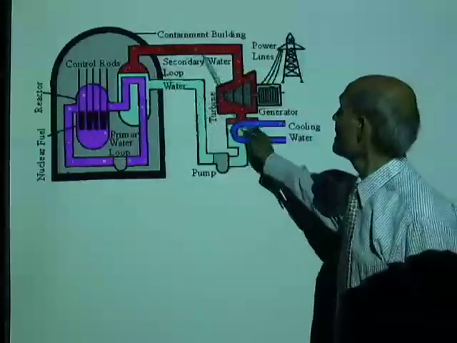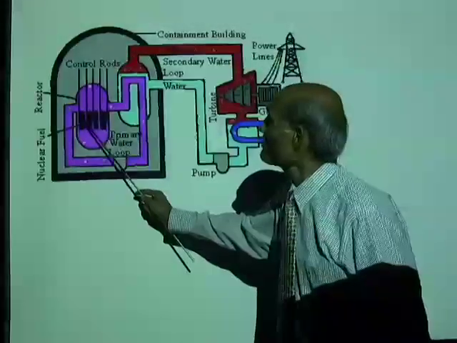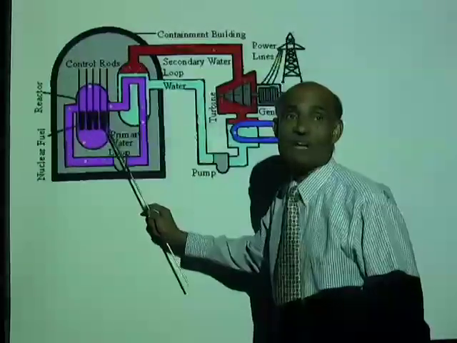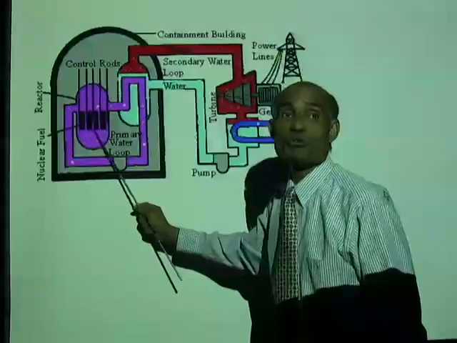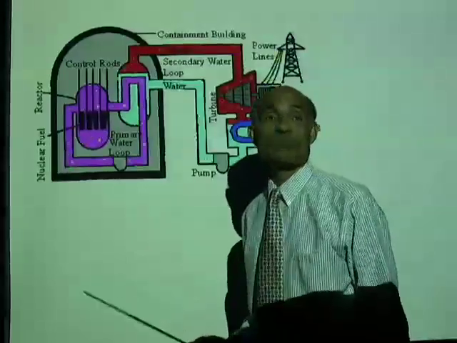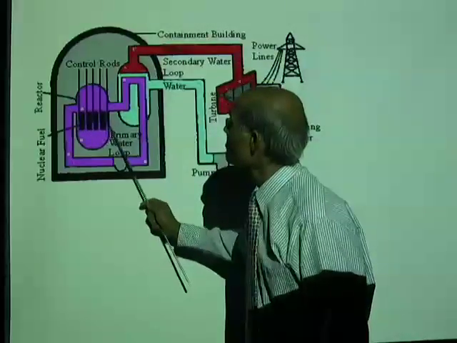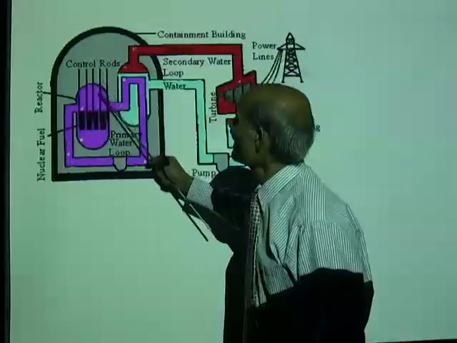And you can see I have illustrated that here. These are the fuel rods. This is the complete reactor body. And this is the core of the reactor. They are the fuel rods, uranium oxide, and it is inside a steel chamber. And you have control rods.